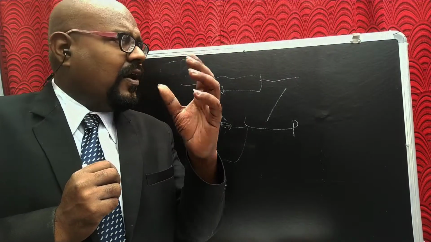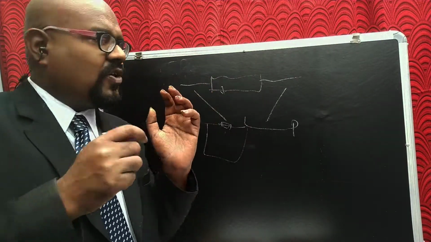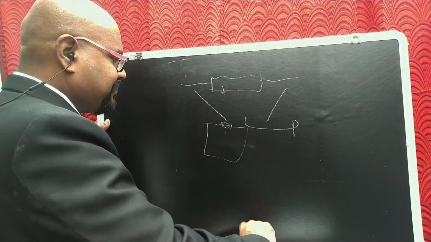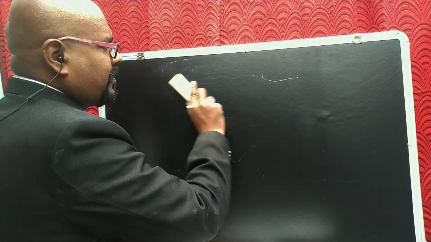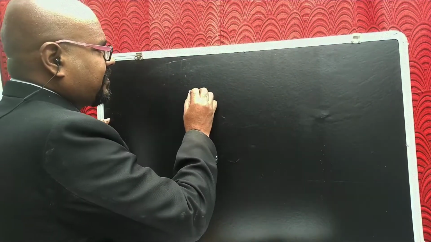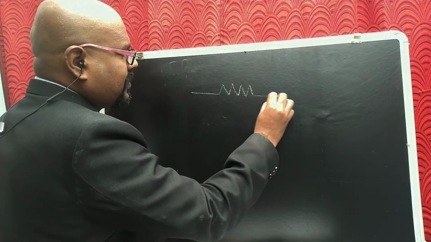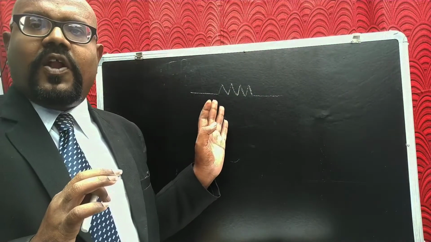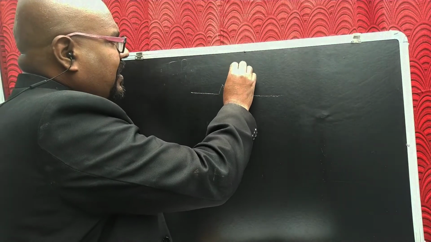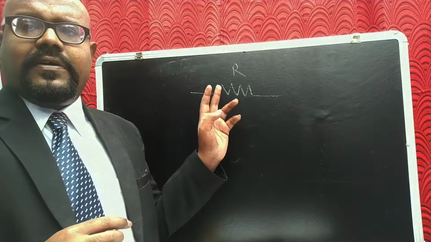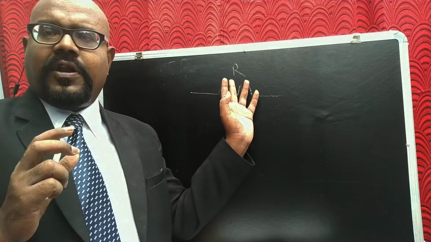So how can we represent this resistor? This is the electronic symbol of the resistor. We use the alphabetical letter capital R for representing the resistor.